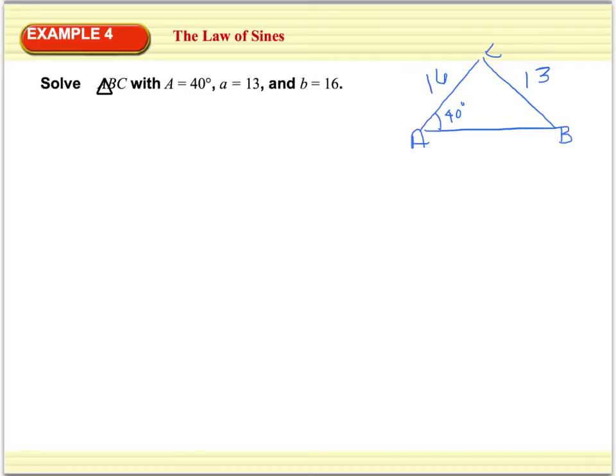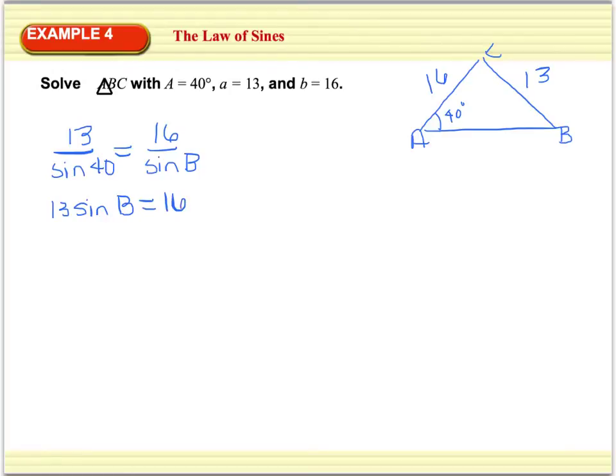I'm given side A and angle A, so I can say 13 divided by the sine of 40 degrees is equal to, and I'm going to use side length B, which is 16, divided by the sine of B. When we cross multiply, we have 13 times the sine of B is equal to 16 times the sine of 40.